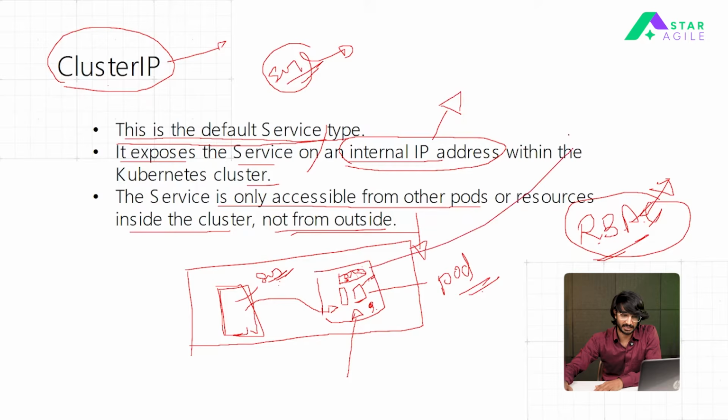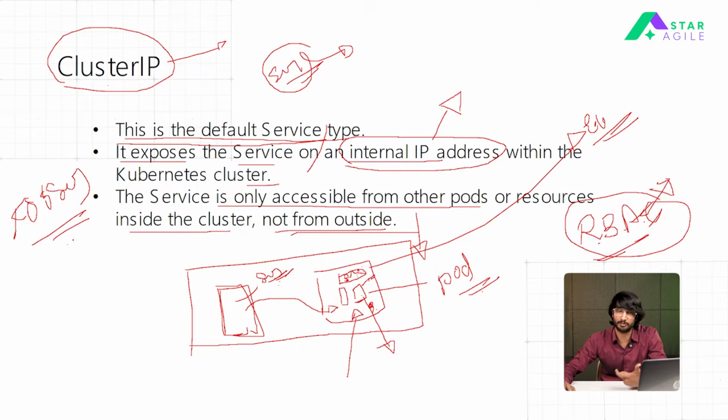If I have to explain what expose means: at some point of time, we need to expose our application to the external world, right? In order to expose the application to the external world, we use this K8s service. That is one of the other features of K8s service.